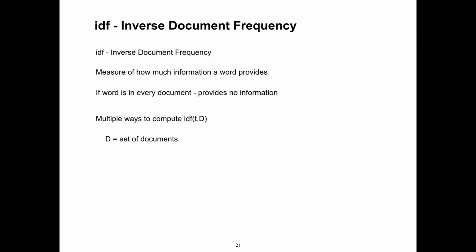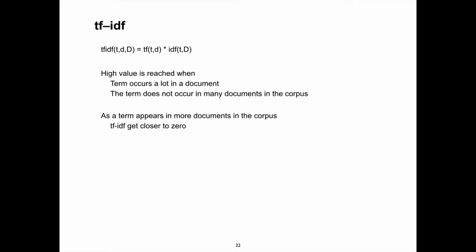And that's why they call it inverse document frequency, because you expect a word that's in every document to have a high count, but we want it to have a low count. And there are, again, all kinds of ways of computing it. And then the TF-IDF is the two multiplied together.